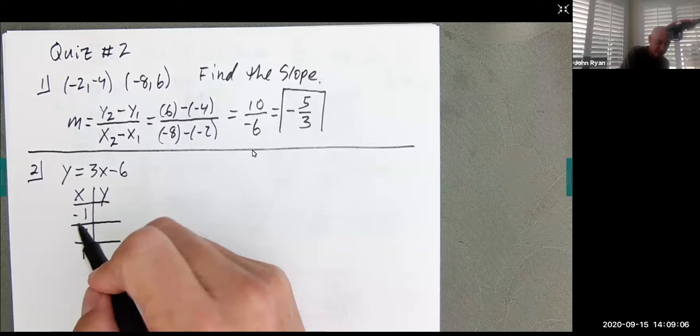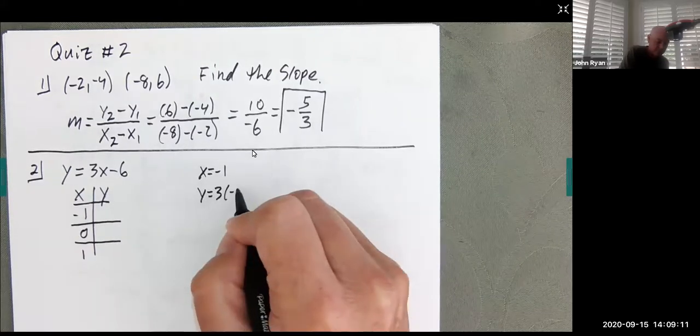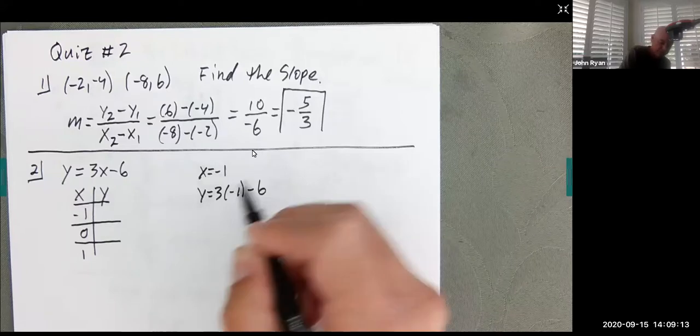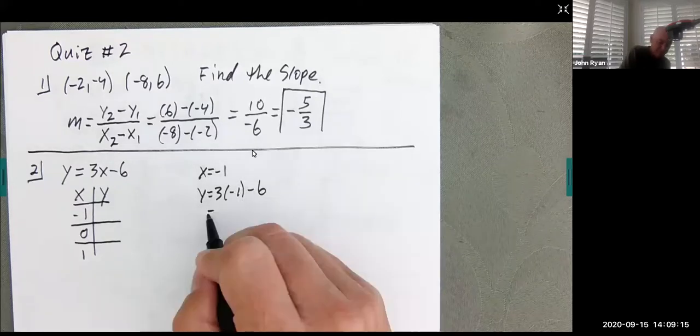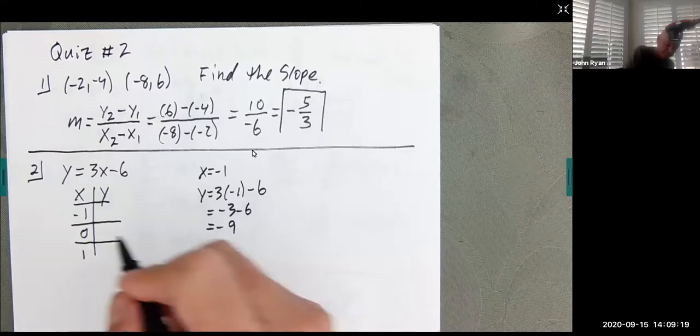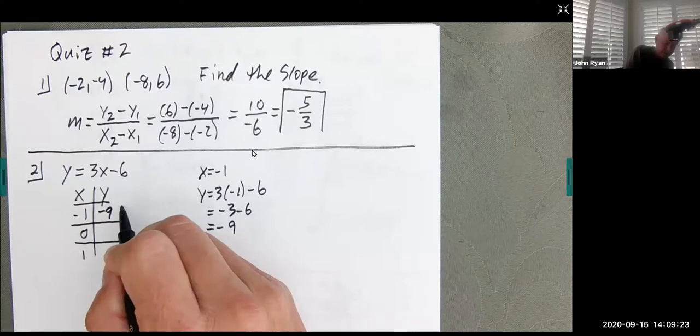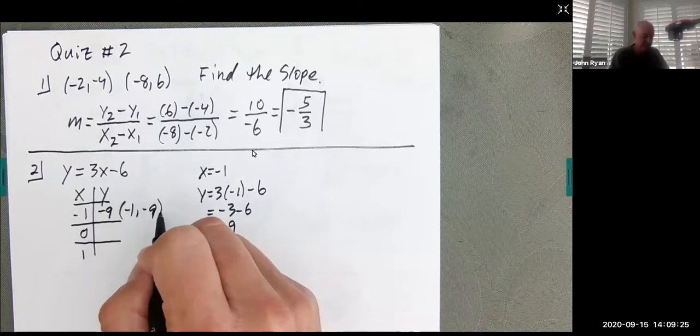So at x equals -1, so now we're here. That means that the point (-1, -9) is on this line.